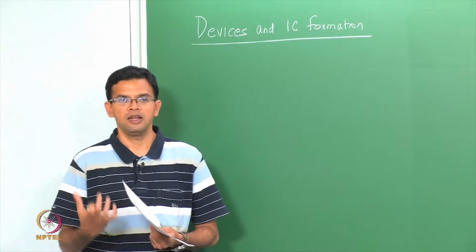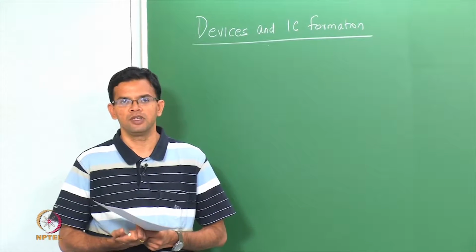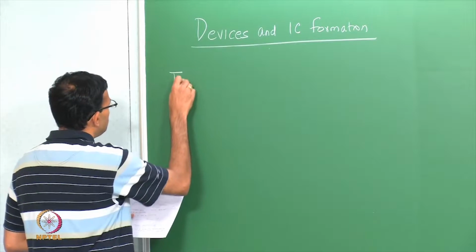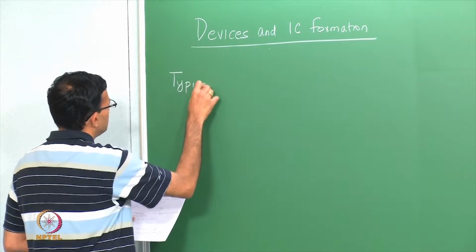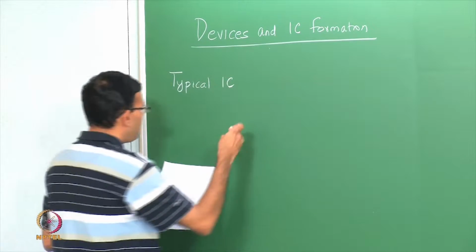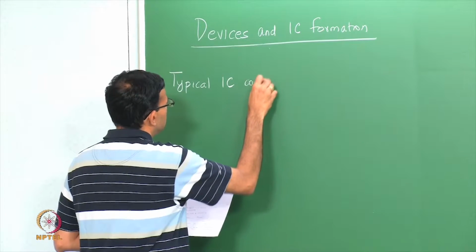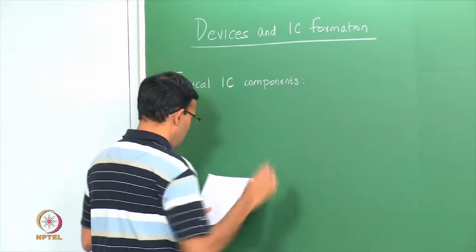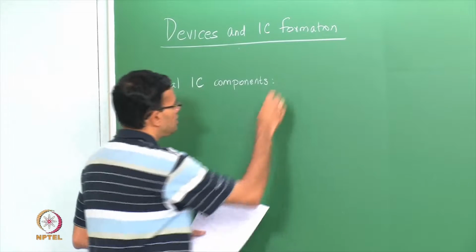So, what are the typical devices or the circuit components that form an IC? We have seen this before. Typical IC components. Most common one is a resistor.